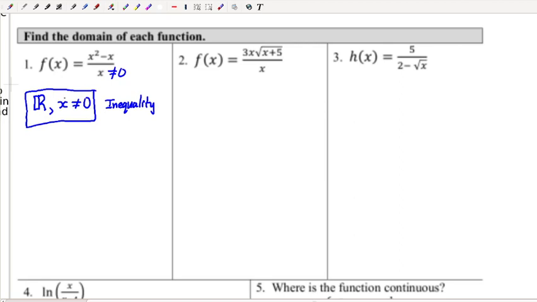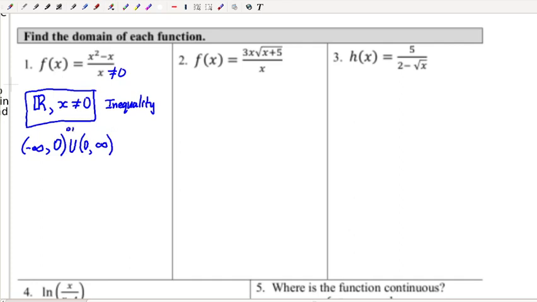Interval notation would be saying I'm going to start from negative infinity, go all the way up to 0, round parenthesis means not including 0, and then union together with, again, starting on the other side of 0, round parenthesis to not include 0, up to positive infinity. Round brackets always go with positive and negative infinity because I can never actually equal positive or negative infinity.